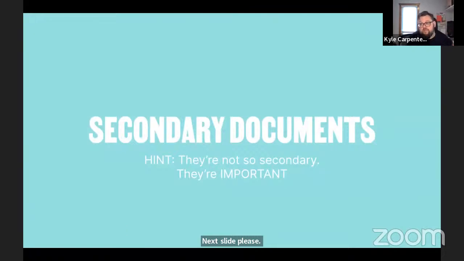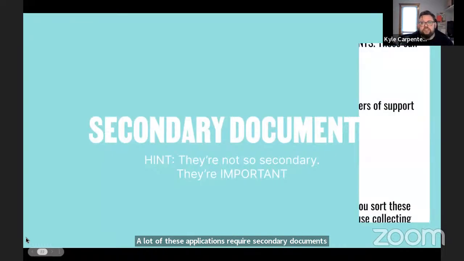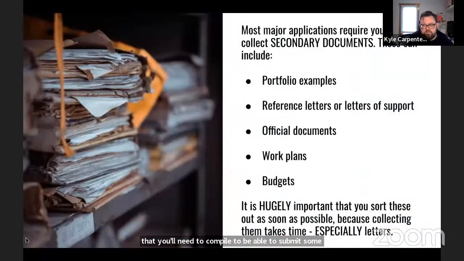Yeah, that's an important part of this, and leads beautifully from that point about who do you need to talk to get this completed. A lot of these applications require secondary documents that you'll need to compile to be able to submit. Sometimes they're optional, sometimes they're not. So yeah, they can include portfolio examples, which I presume most of you have, but take a look.